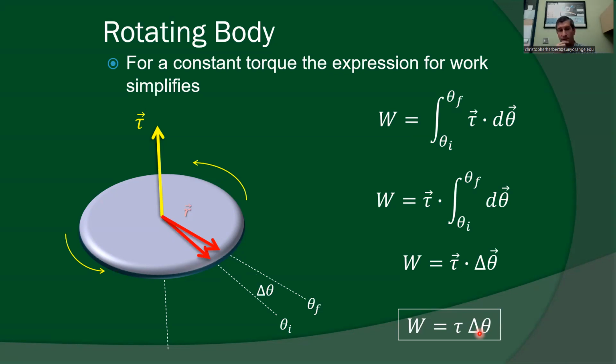Conversely, if I want to slow that disk down, I can put a negative torque on that. That's going to take kinetic energy out of the system and slow the disk down. But again, the work done on a rotating disk is simply torque times the angular displacement, given that that torque is constant. If the torque isn't constant, then if the torque is a function of the angle, I have a more difficult integral to do here.